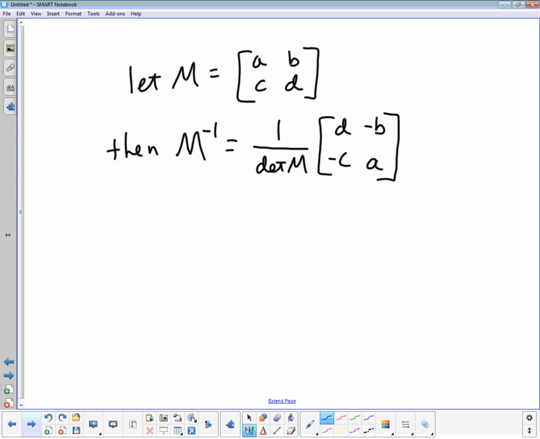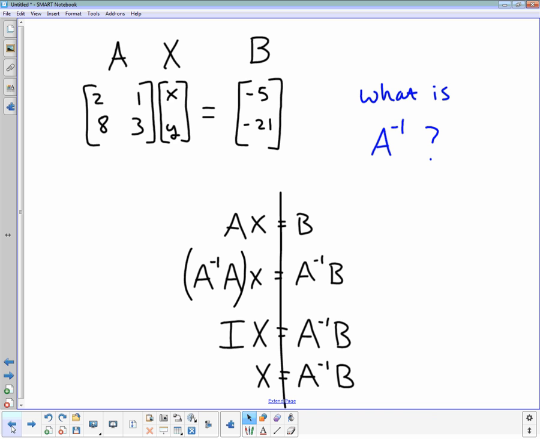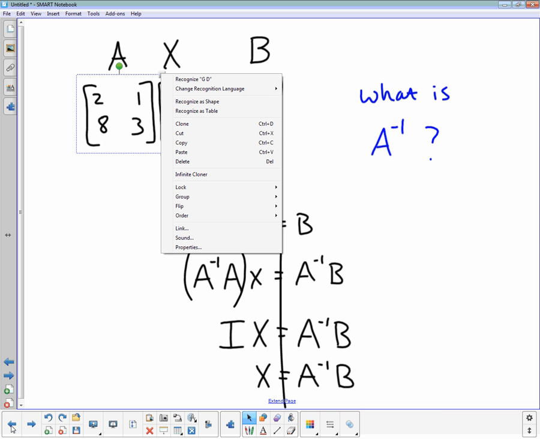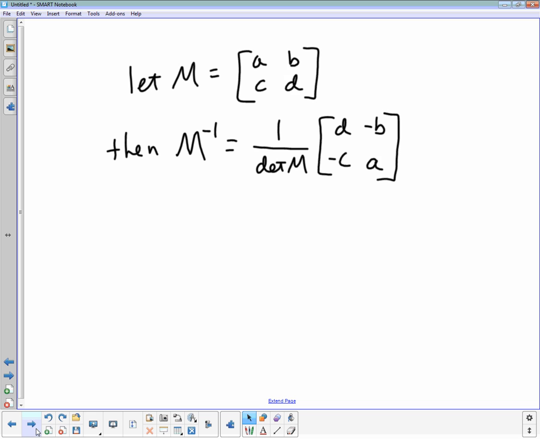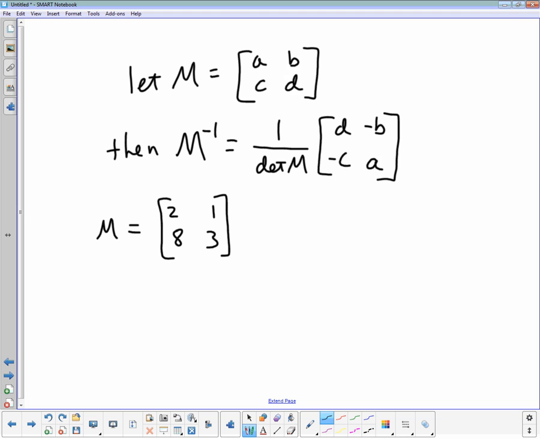So let's compute one. So what's the determinant of this guy? Right. 6 minus 8, which is -2.